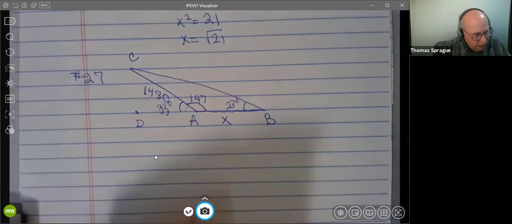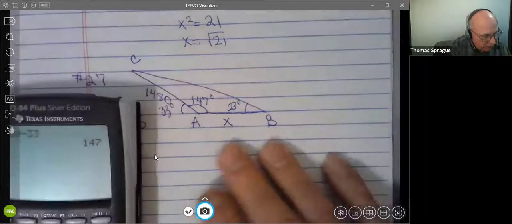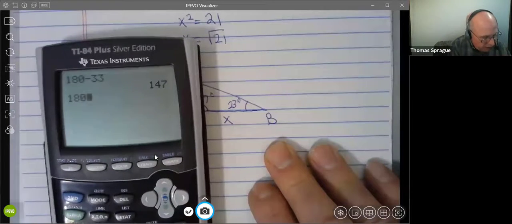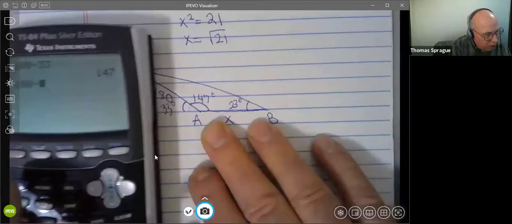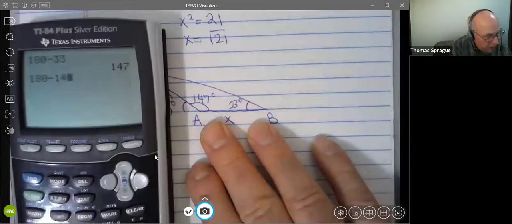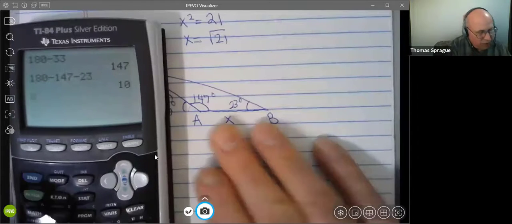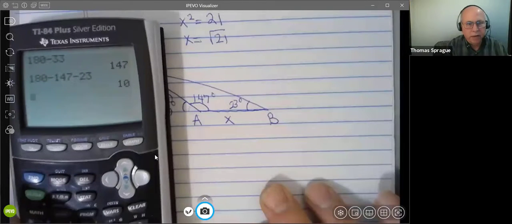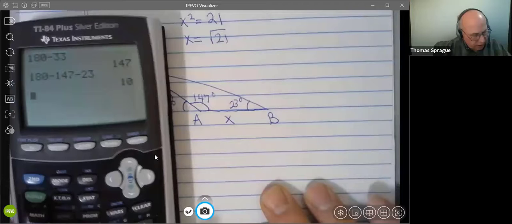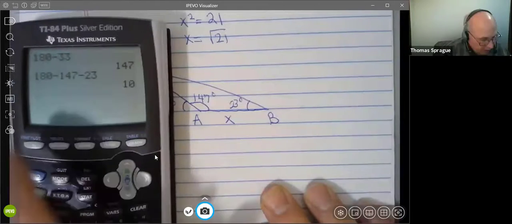Now the sum of these three has to be 180. So we've got 180 as the total, then subtract off what we've used up, 147 and 23, and we've got 10 left. So this one is 10.